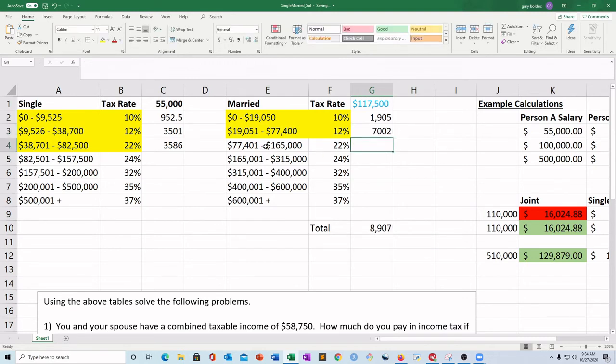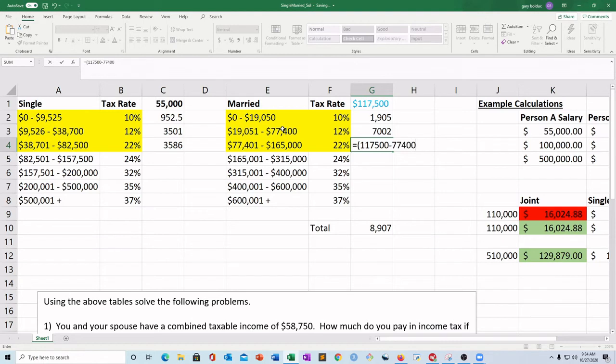Okay, now this third box. I don't fill it all the way up, but I do get into it, so let's highlight it because we're going to use it. So how much do I actually get into this box? Well, I take my total taxable income right here, my $117,500, and I subtract how much I've already been taxed.